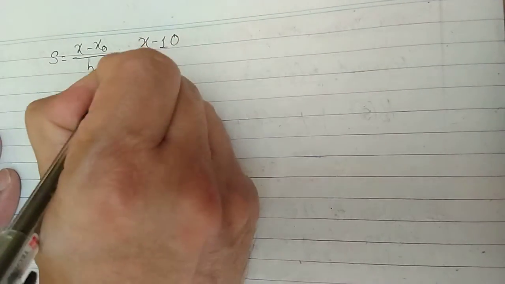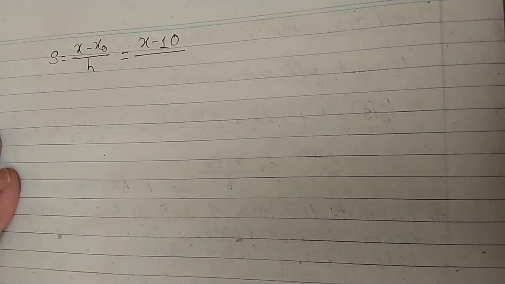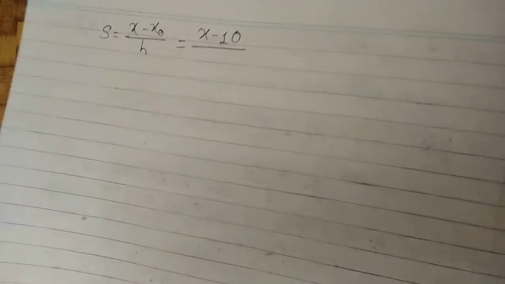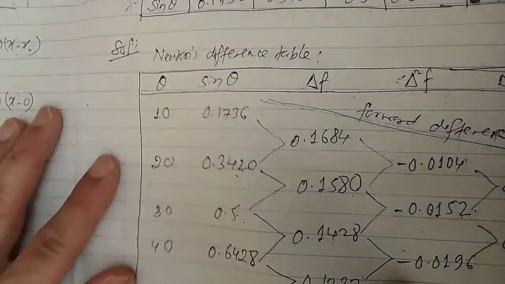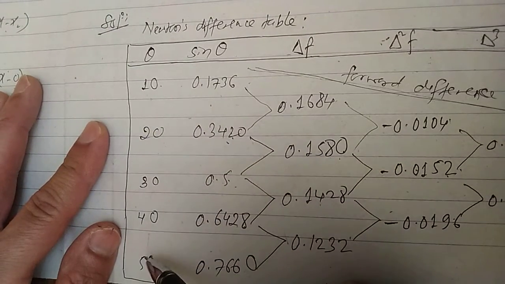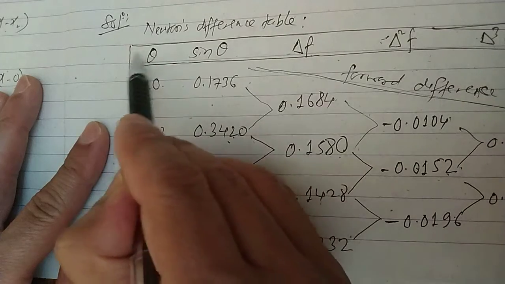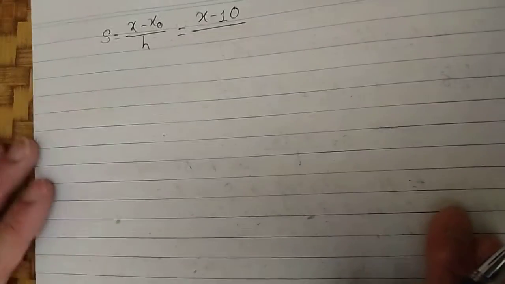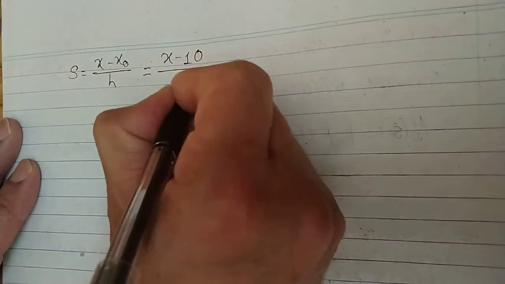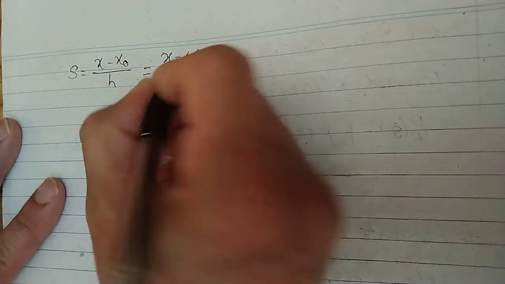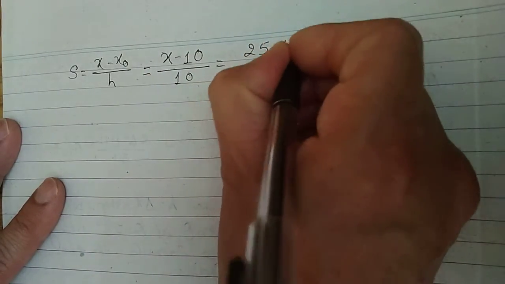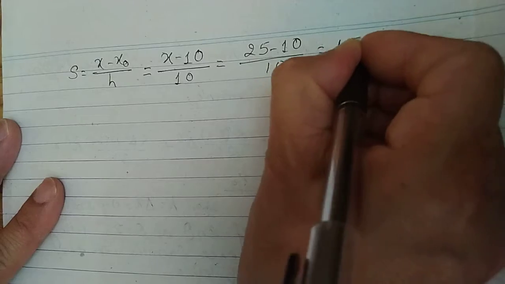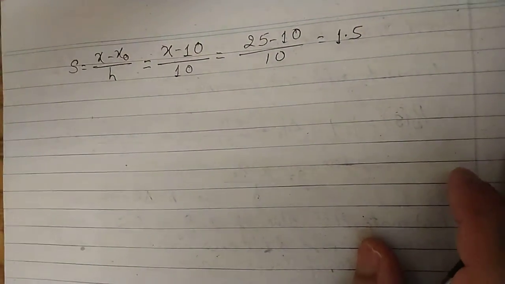The first point is 10, and h is the difference in the value of x. See here, the x interval is 10. This is theta, we are taking it as x. So the interval is 10. The x asked in the question is 25, so 25 minus 10 by 10 equals 1.5. That is the value of s.